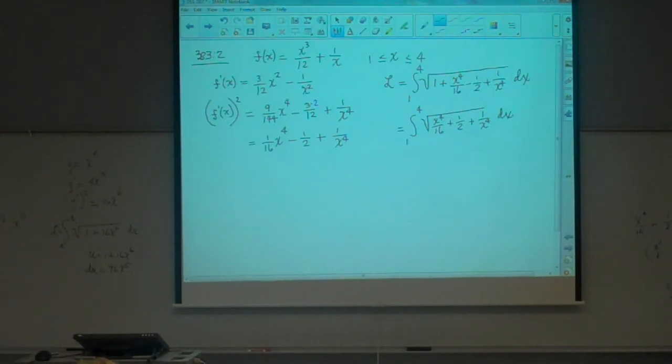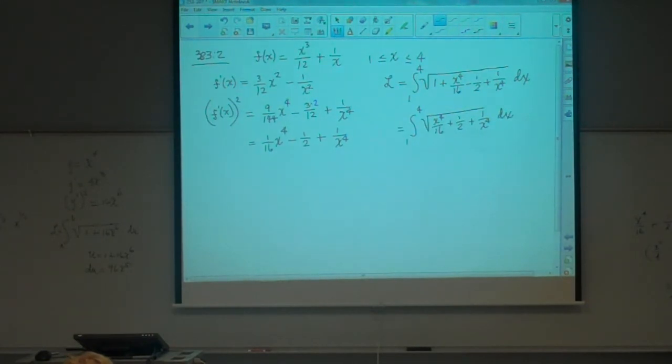First times first, that's x to the 4th over 16. Outside times outside is plus x squared over 4x squared.